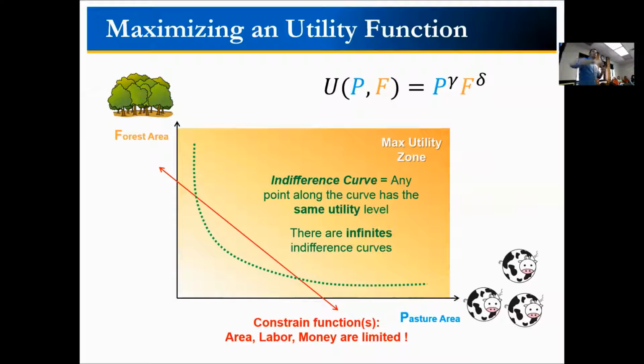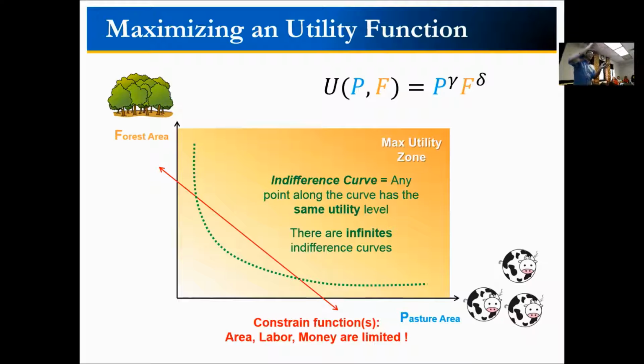Let me just introduce you to this other concept before I move on. When you plot your utility like this, you have these indifference curves. And the idea behind these indifference curves is that any point along this curve gives you the same utility level. And you can have infinite indifference curves. So you can have a curve here, here, here.